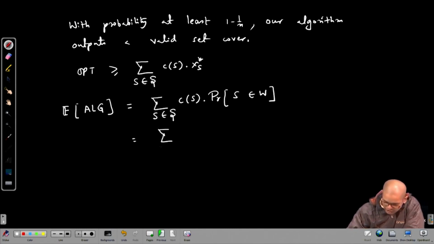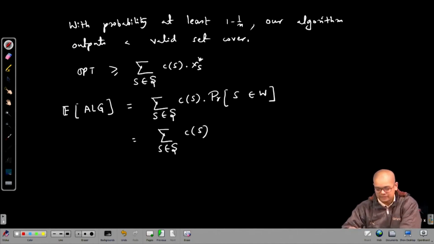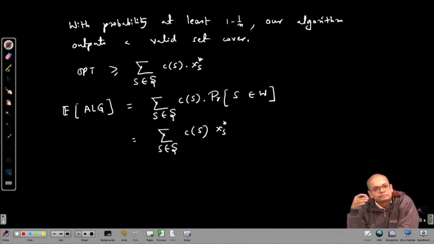But this is the summation where in one iteration it is picked with probability x star S, and we run it for L iterations, and in the worst case all the sets that we pick could be disjoint, and so this is L times at most this, because if we pick the same set in two repetitions or two runs of step 2, then we just store one copy.